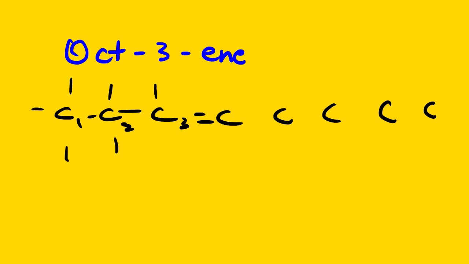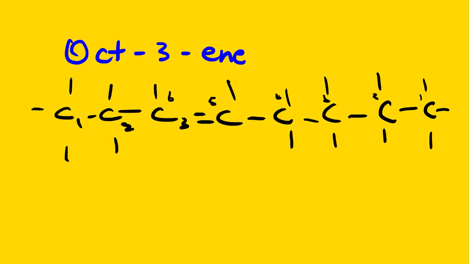Oct, let's say 2 or let's say 3 in. Octene, so we are going to have 8 carbons, and then we have 1, 2, 3, and you can see here, especially multiple choice questions, they will give you a structure like this, and then they ask you if it is octene, oct 3 in, or it's, let's count from here, it's 1, 2, 3, 4, 5, 6, 7, 8, or oct 5 in.